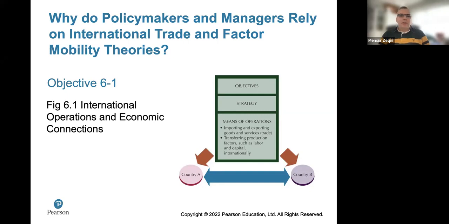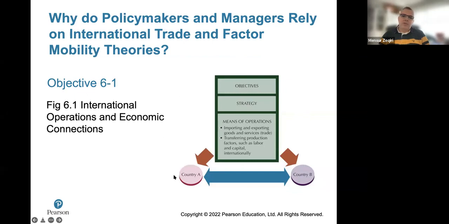So if we look at this figure that we have here, it actually shows what we discussed when we started this lecture, if you remember the initial figure. To meet the international objectives that countries or companies have, a company must plan its strategy to trade and transfer its means of operations across borders.